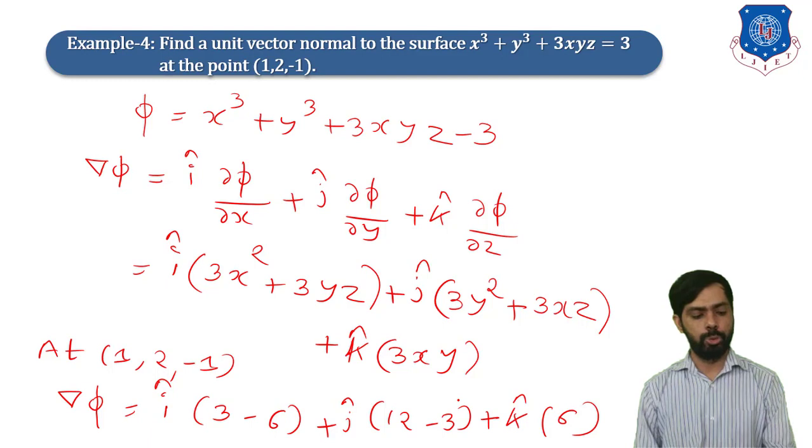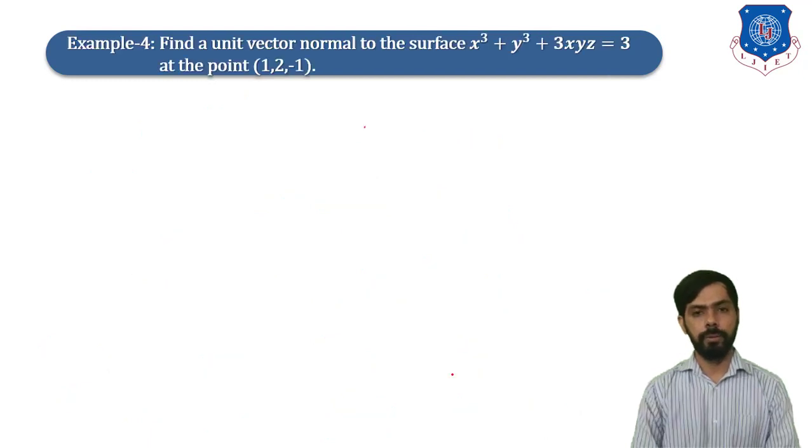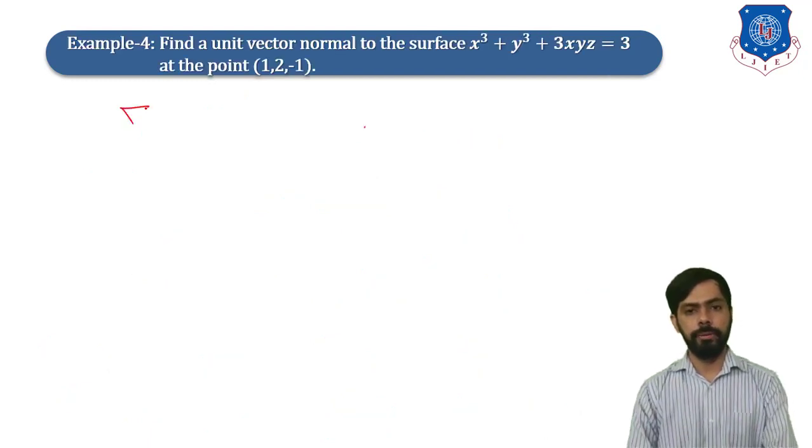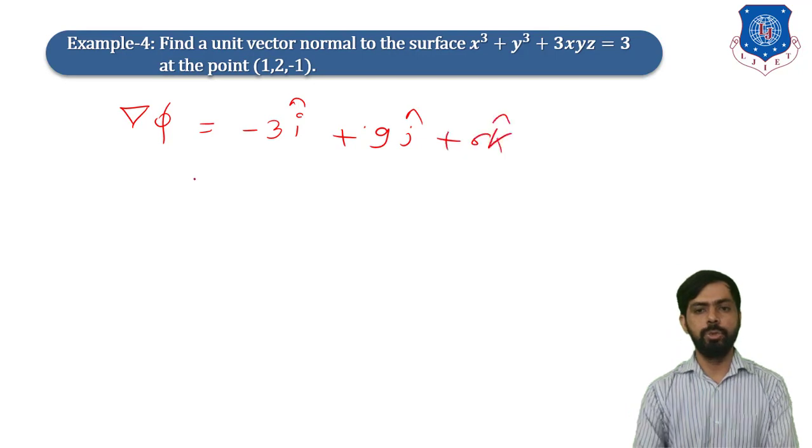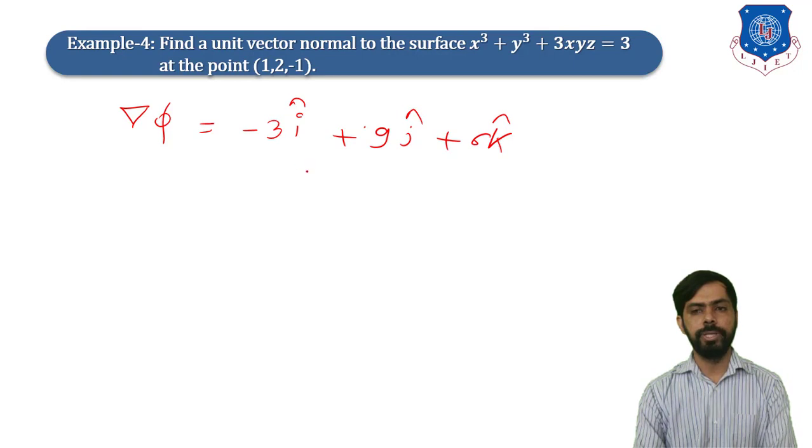So grad phi will be minus 3i plus 9j plus 6k. This is the normal vector to the surface phi, that is x cube plus y cube plus 3xyz minus 3.